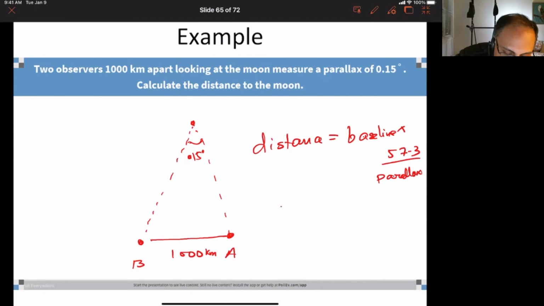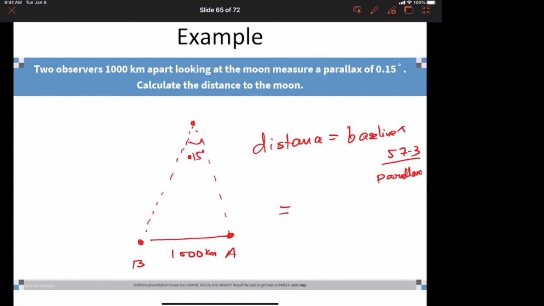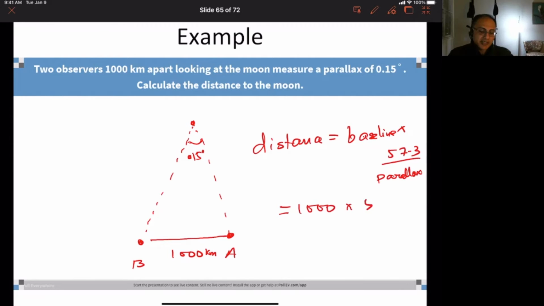What should I plug in for the baseline? 1,000 kilometers times 57.3 divided by the parallax, which is 0.15.